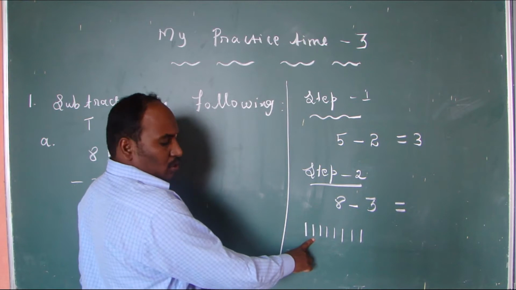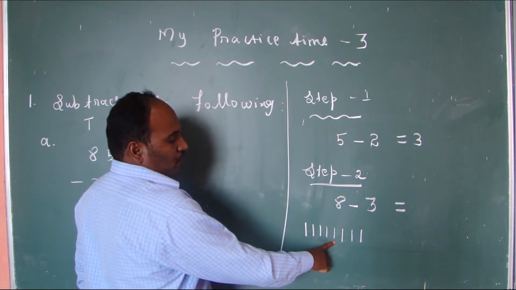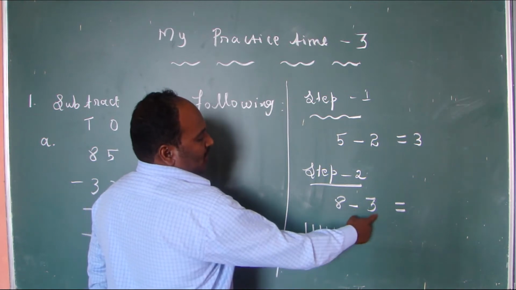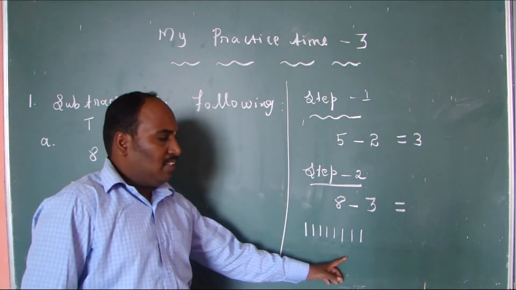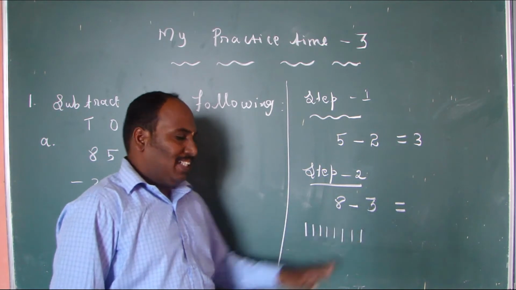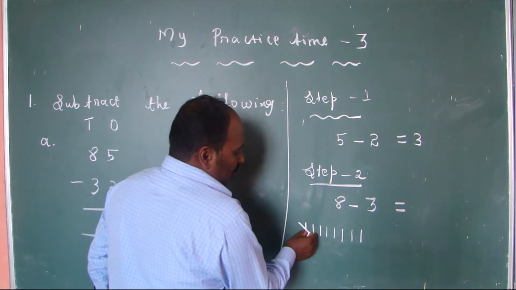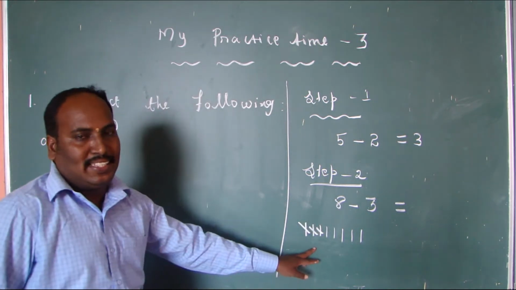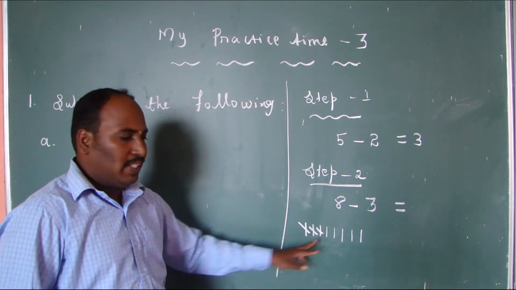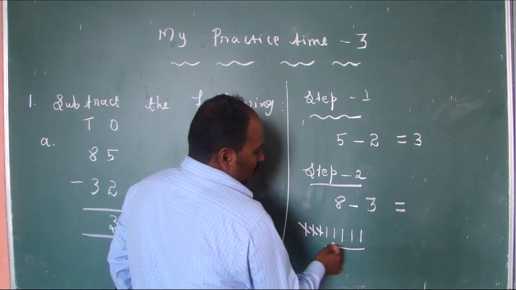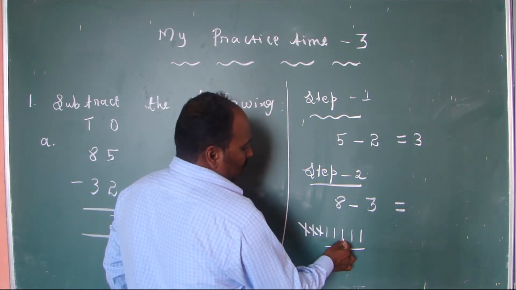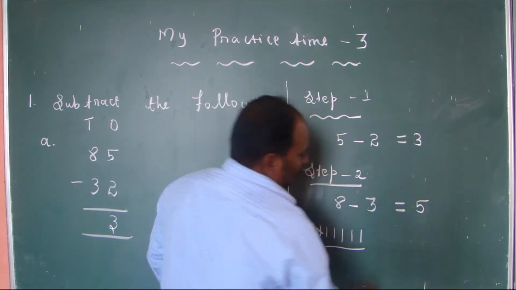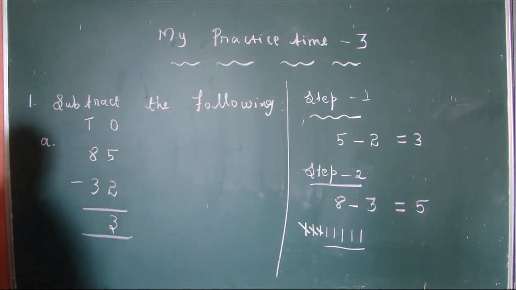We draw the 8 sticks. Then minus 3. Minus 3 means cancel 3 sticks, 1, 2, 3. Balance 1, 2, 3, 4, 5. So 8 minus 3 is equal to 5.